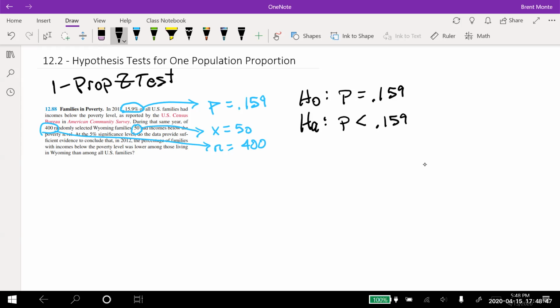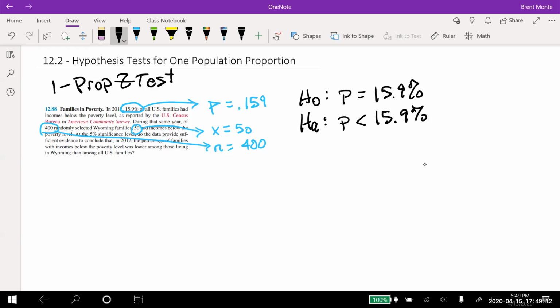They've listed them as percentages, so let's change each of these to 15.9%. I like percentages better. So there's my null and alternative hypothesis.